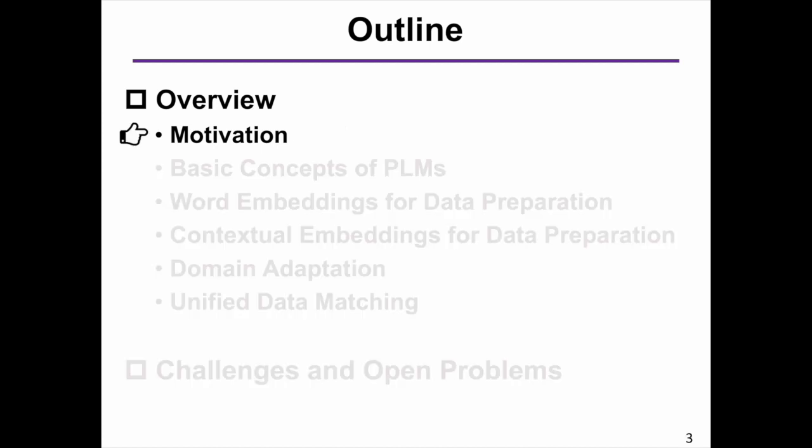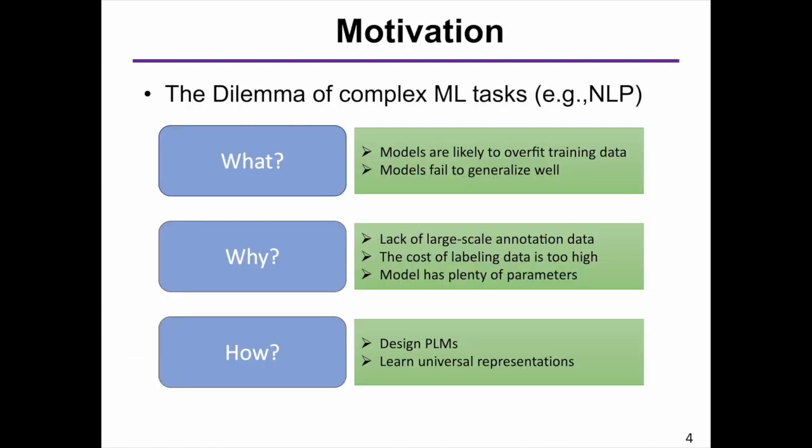Hello everyone, in this tutorial, we will introduce the related works in pre-trained language models for data preparation. In the natural language processing community, various deep neural networks like recurrent neural networks (RNN) and convolutional neural networks (CNN) have been widely applied to improve performance. However, since neural networks always have plenty of parameters and the datasets of most tasks are not large enough, the trained models are likely to overfit and fail to generalize well.